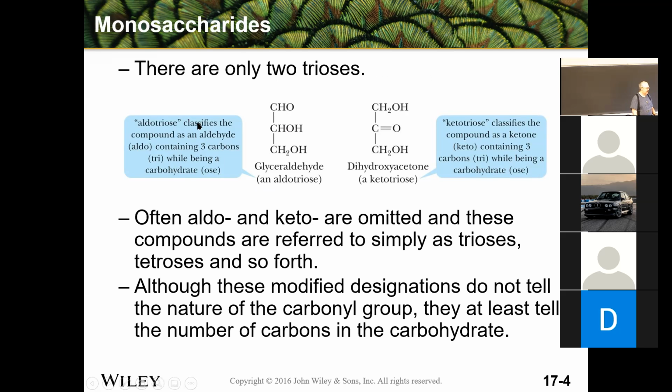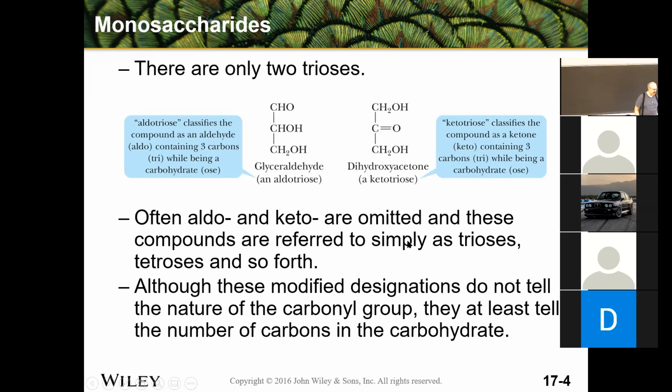And the term aldotriose combines the two classifications we were looking at in the previous slides. Aldo, meaning the principal functional group is an aldehyde, and then triose, 3 carbons. So there's only one aldotriose, and that's glyceraldehyde. We have an aldehyde on carbon 1 and alcohols on carbons 2 and 3. There's only one ketotriose, and this is called dihydroxyacetone.